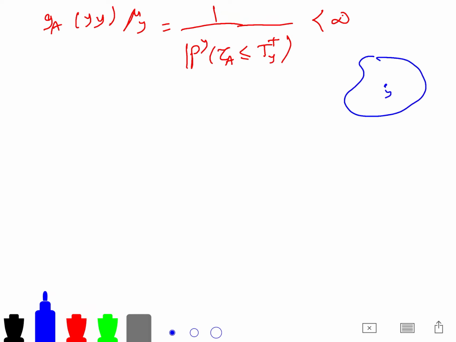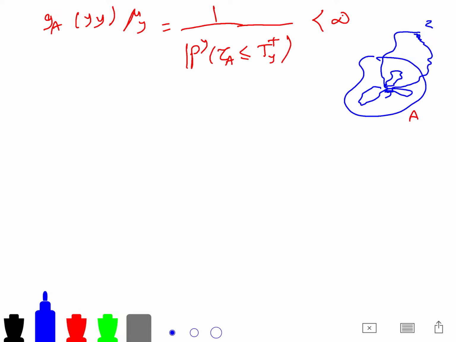So again, we have y, and some of these random walks stay inside, but some of them go out, for example to a node z, and then from there return back to y. And this is a set A, for example.